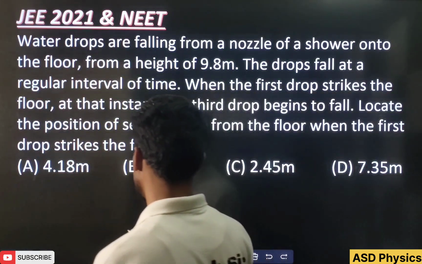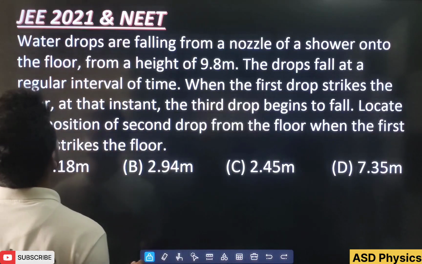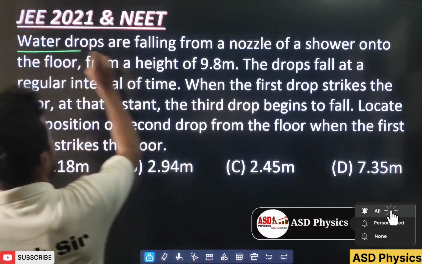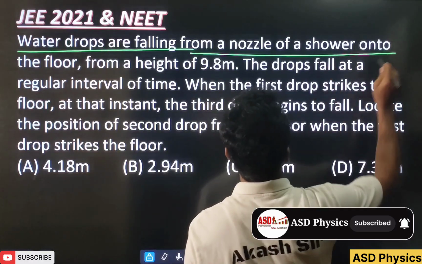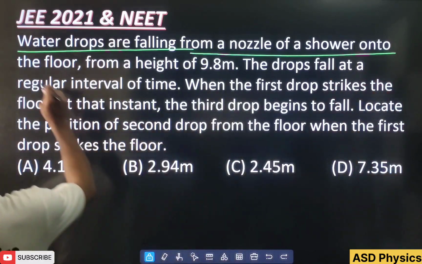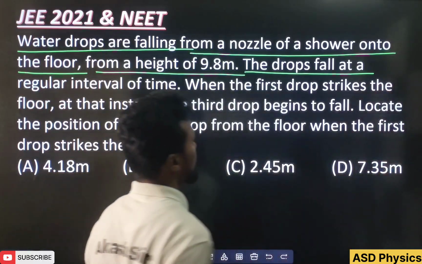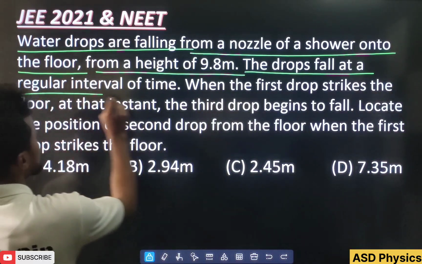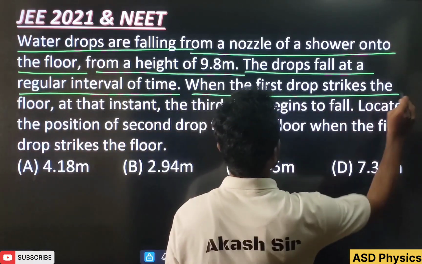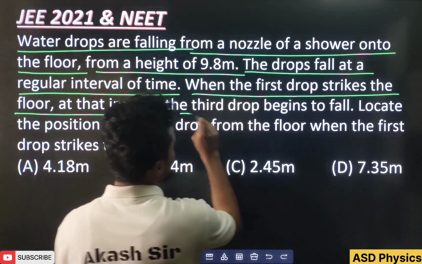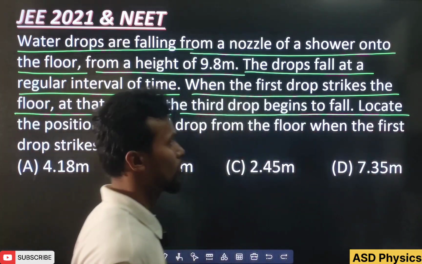Now the last question, asked in JEE 2021. The question is looking big but is very easy. Water drops are falling from a nozzle of a shower onto the floor from a height of 9.8 meter. The drops fall at a regular interval of time. When the first drop strikes the floor, at that instant the third drop begins to fall.